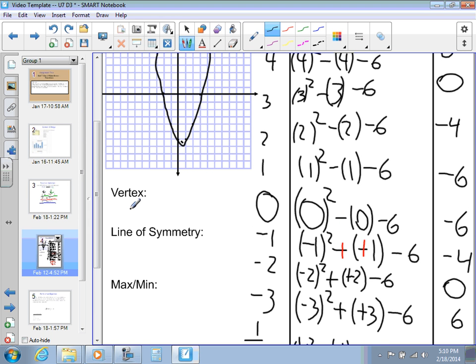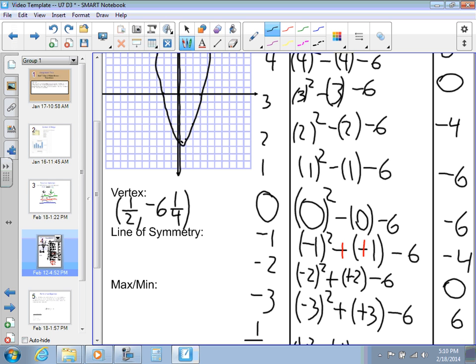And so what do we have there? We have this point, an x value of 1/2 and a y value of negative 6 and 1/4. Line of symmetry. Well, that line of symmetry goes straight up through there, and I'm way off, but it should go right through my vertex.